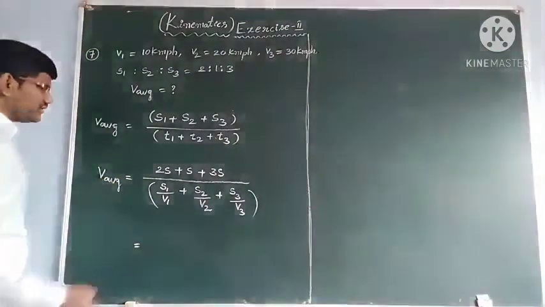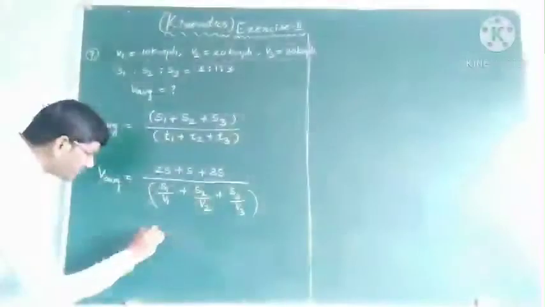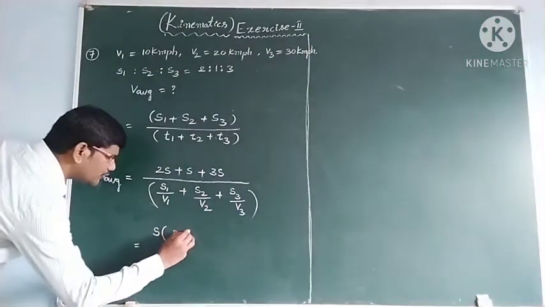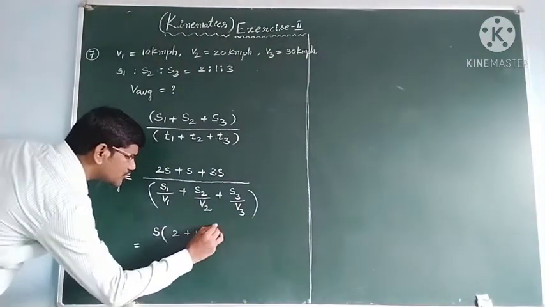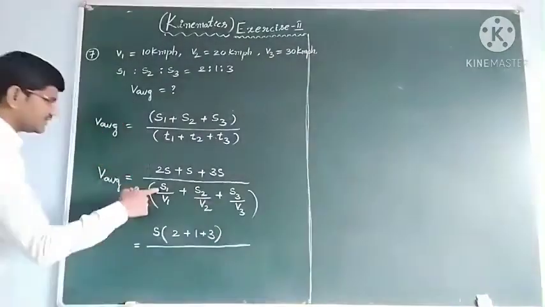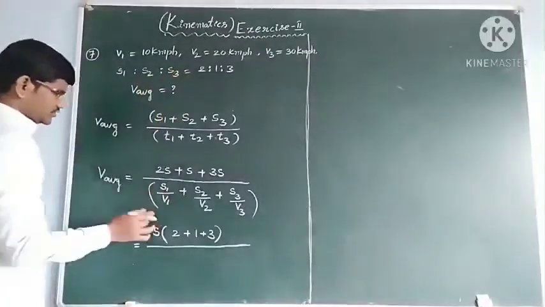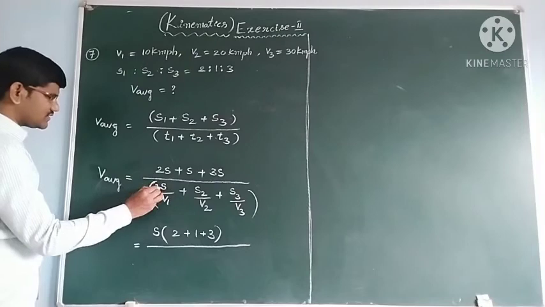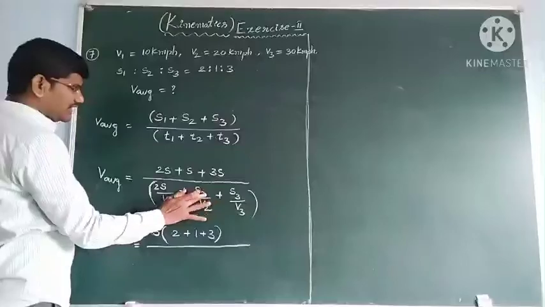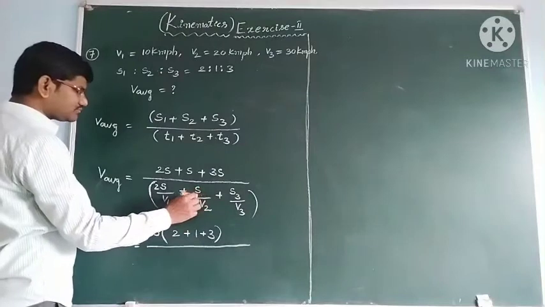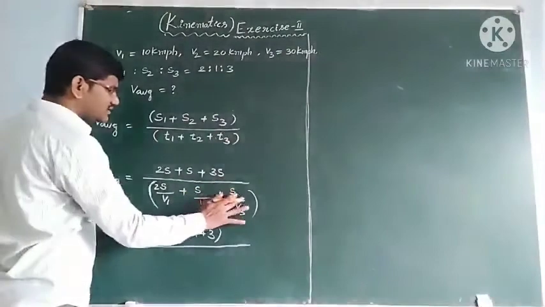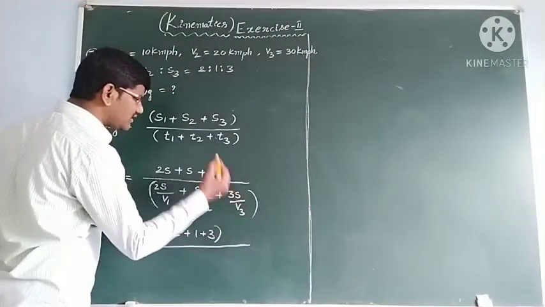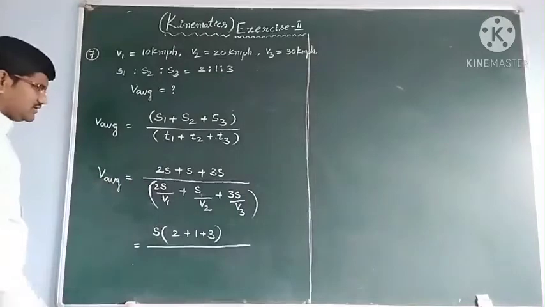Then take s common. If you take s common, what is left? 2 plus 1 plus 3 in the numerator. In the denominator, S1 value is 2s, S2 value 1 ratio means s, and S3 value we know is 3s.